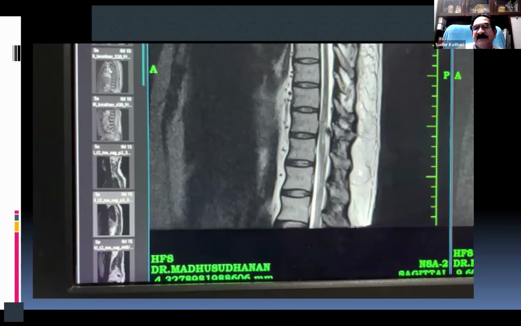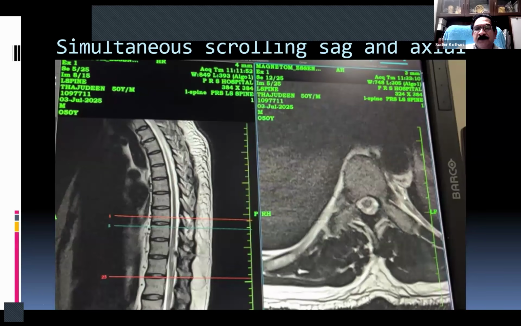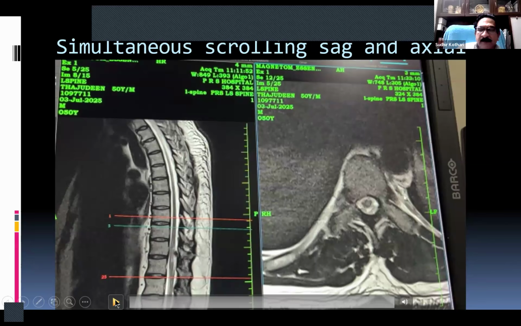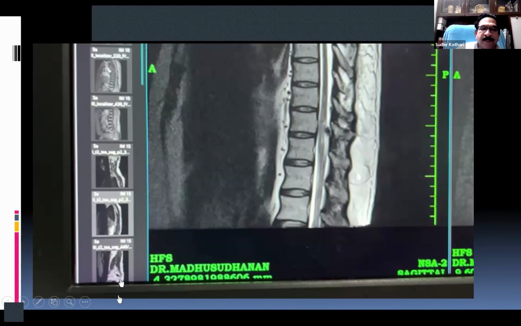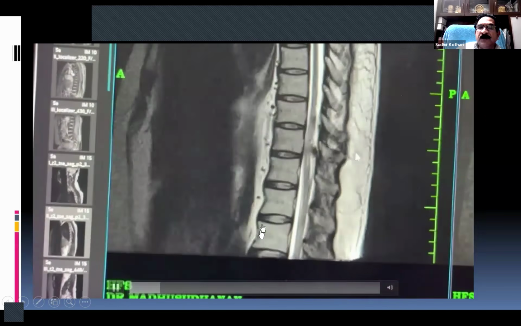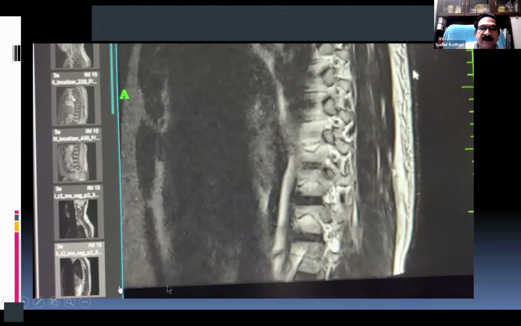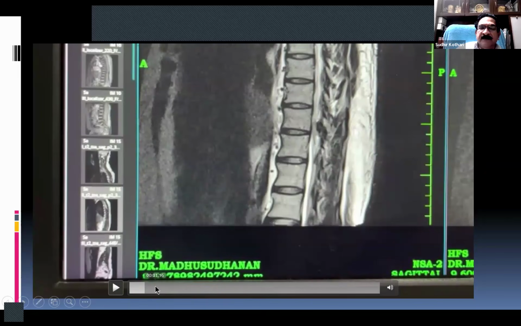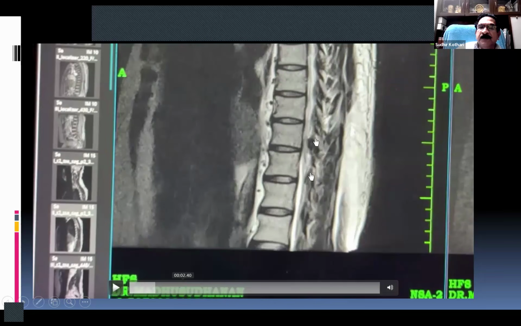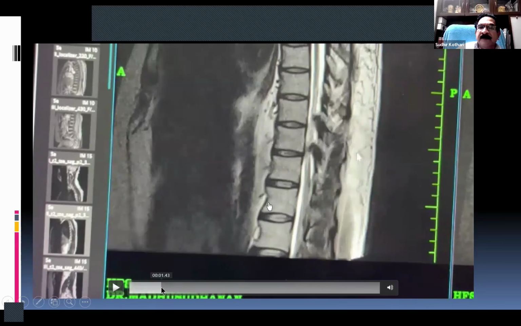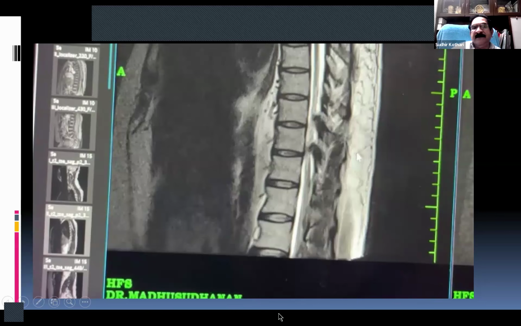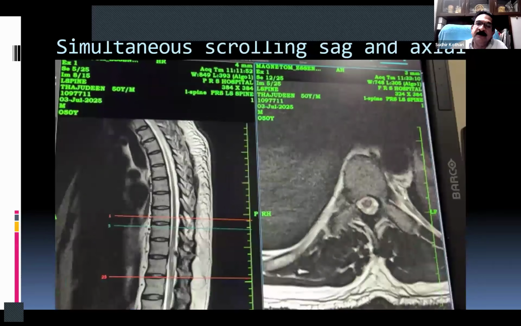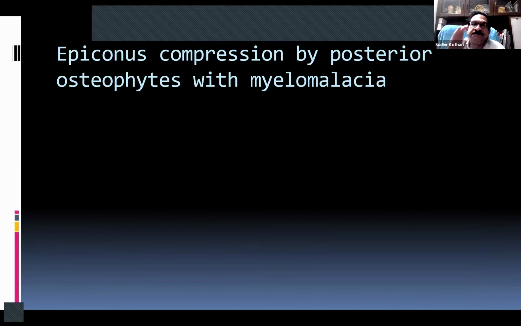In fact, the two levels are one above and one below. Wait, wait. One above and one below. See that one. Okay.